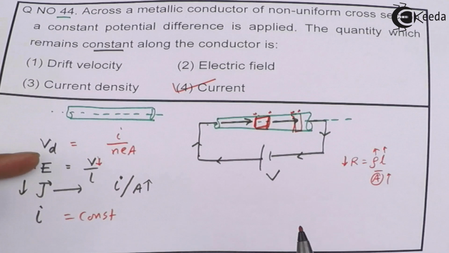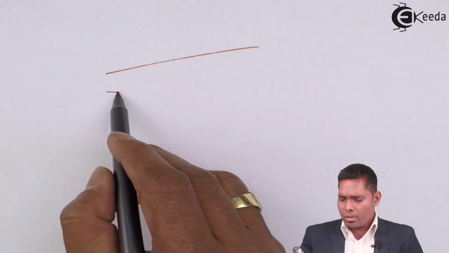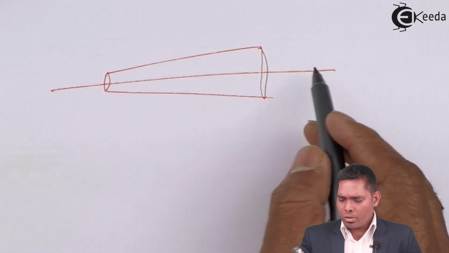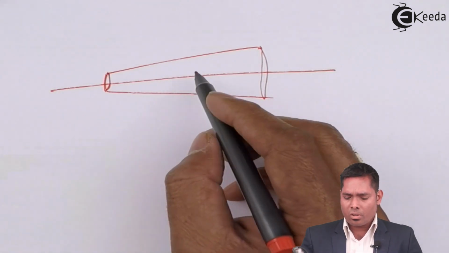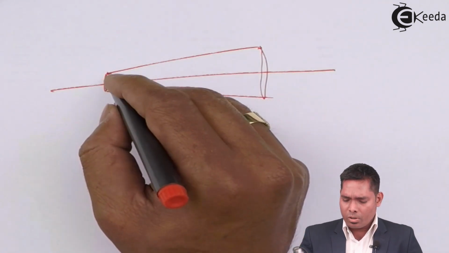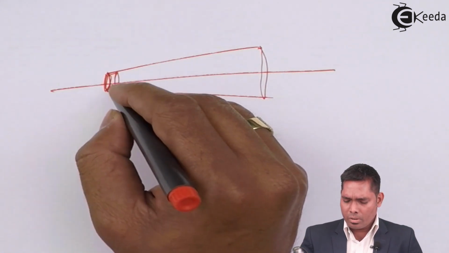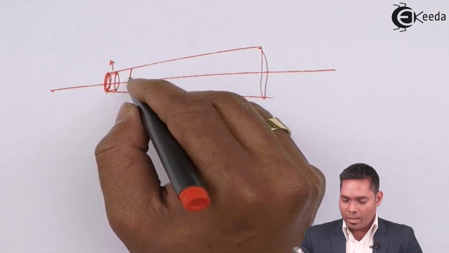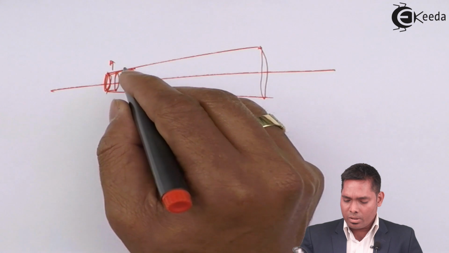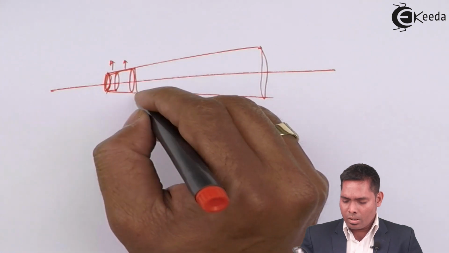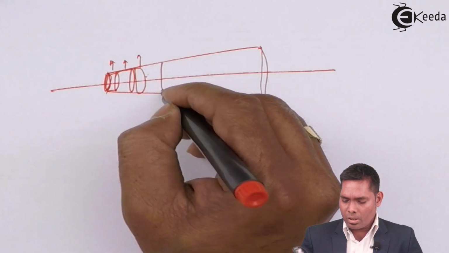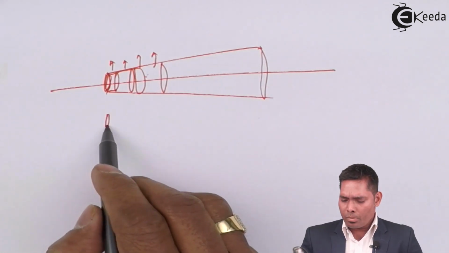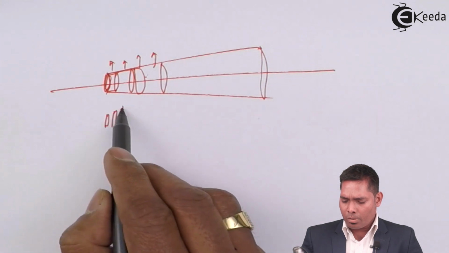You can think of this non-uniform cross-section as a combination of many resistances in series. This is one resistance, from here to here is another resistance, and another, and so on. You can cut this into very small pieces.